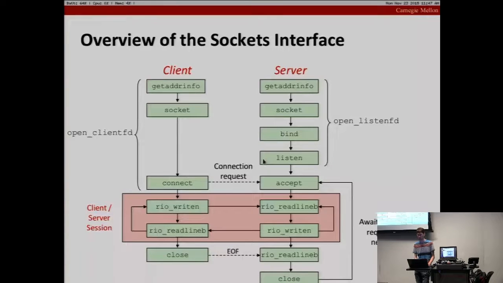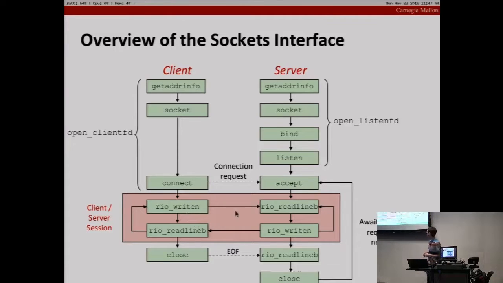Then it has to know that it's supposed to be listening for connections coming in on that IP address and port through that socket. Then it will accept a connection sent by the client.